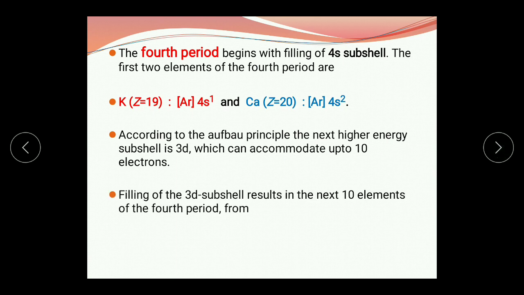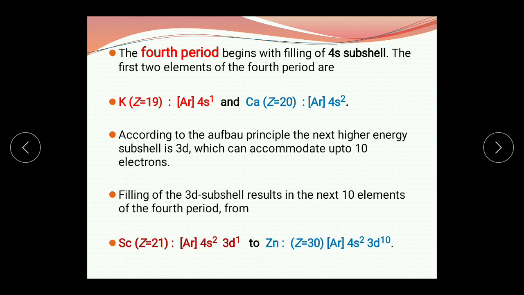Now, filling of the 3d subshell results in the next 10 elements of the fourth period. That means from scandium, atomic number 21, to zinc, atomic number 30. So from Sc, Z equal to 21, to Zn, Z equal to 30, the electrons will be filled in the 3d subshell.